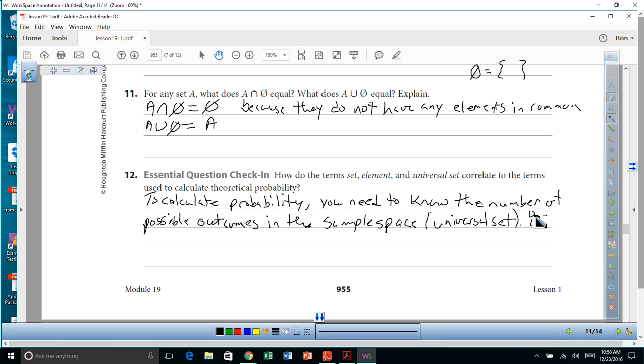You also need to know the number of possible outcomes in the defined set.